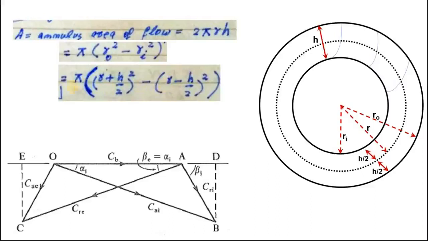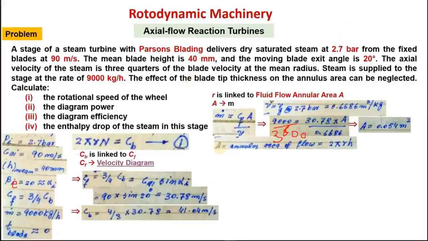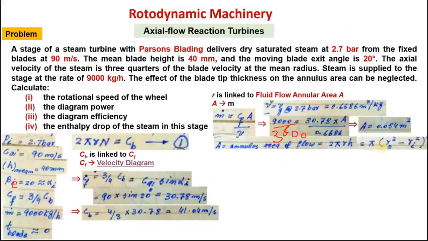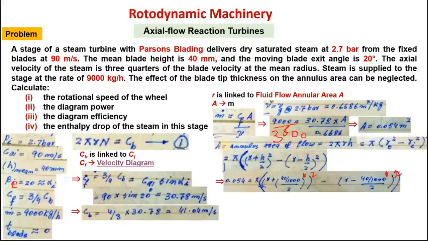So now we'll use this formula to find out this R, because we need this R to find out the revolutions per minute. So let's go back. So this was the annular area, which can be written in this form, and then this can be written in this form. We have seen now in the figure also. So now just put values, because area was already calculated from this formula, right?